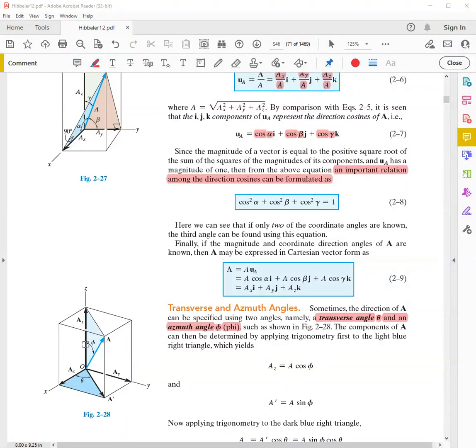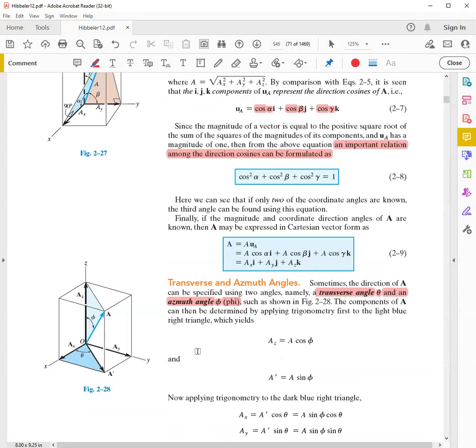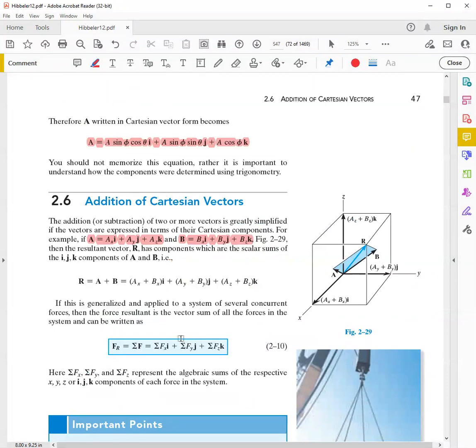So the z component of a vector, Az, the projection on the z-axis, you get it with this equation, magnitude of A times cosine of phi, and then the A prime projection, as we saw earlier, is going to be magnitude of A sine of phi, and you project this over x and y, and you ultimately get the formula for the vector A in 3 dimensions when we use the transverse and azimuth angles, phi and theta.